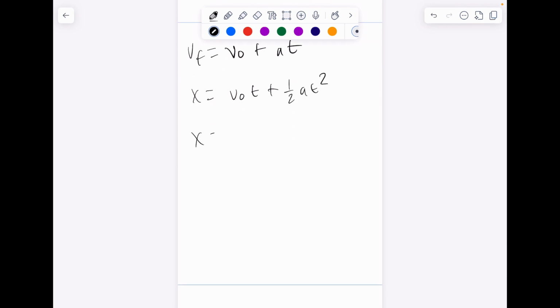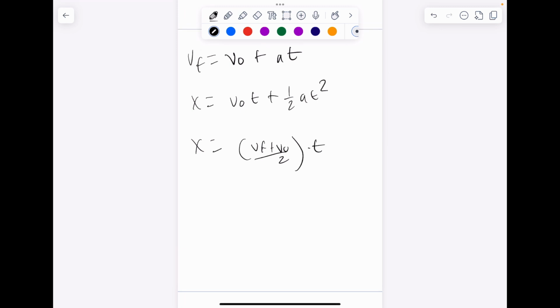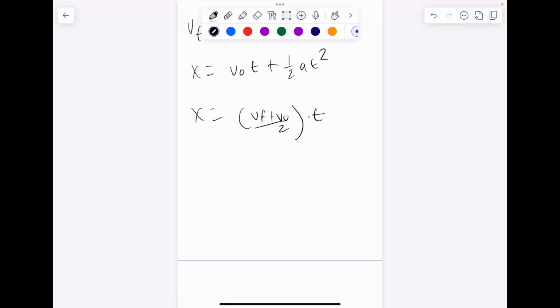And then we also have x is equal to (vf plus v₀) over 2 times time. This is essentially the average velocity times time. And then we also have vf squared equals v₀ squared plus 2a change in x.